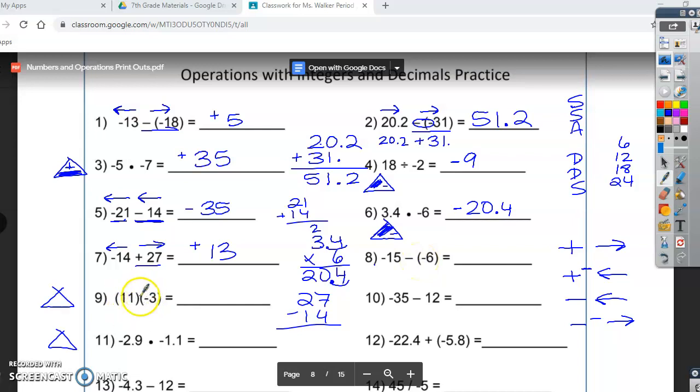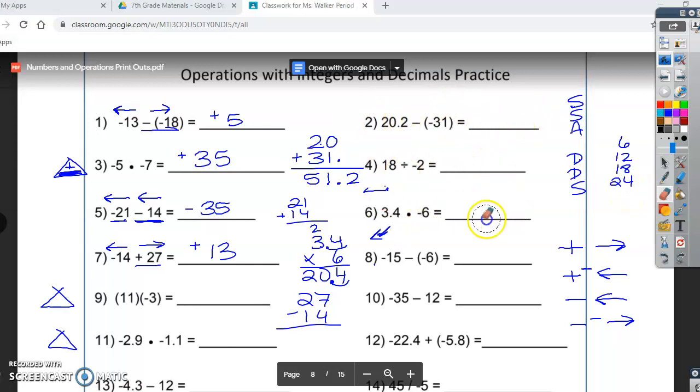Over here, there's nothing between here. That means this is a multiply problem, okay? So I want to make sure you do that. So I'm going to let you do 8 and 9 alone, and I'm going to move down here and we're going to do number 11 together. So while you're working, I'm just going to erase this. So you're doing number 8 and 9.